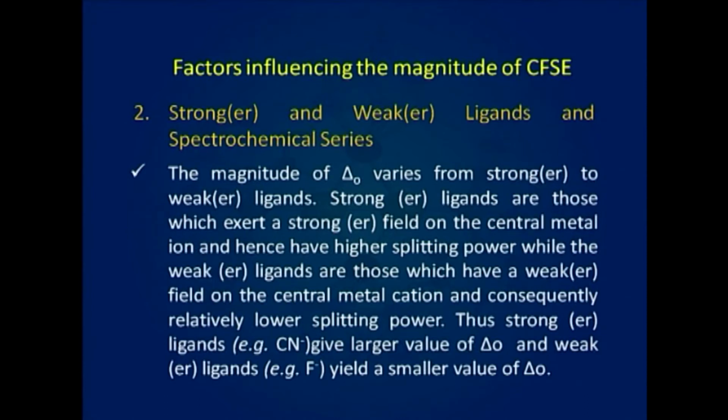Stronger ligands are those which exert a stronger field on the central metal ion and hence have higher splitting power, while the weaker ligands are those which have a weaker field on the central metal cation and consequently relatively lower splitting power. Thus, stronger ligands like CN- give larger value of delta O and weaker ligands like F- yield a smaller value of delta O.